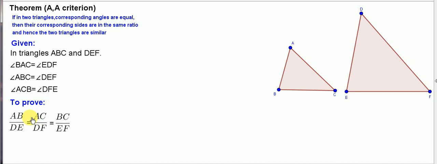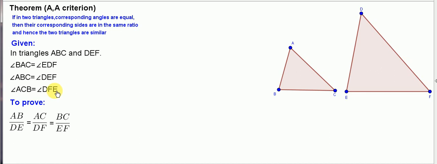This equality of ratio of corresponding sides can be written by these three equalities of angles. So write AB by leaving this middle letter C in the numerator, that is AB.